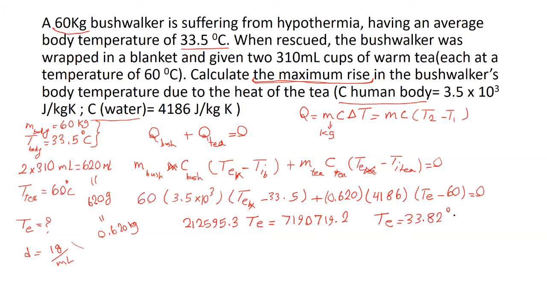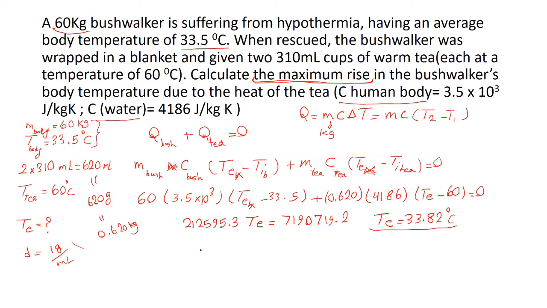As a result, TE equals 33.82 degrees Celsius. But if you look at the question, they haven't asked us to find just TE. They asked to calculate the maximum rise in the bushwalker's body temperature due to the heat of tea. So T equilibrium between tea and body is this one. The initial body temperature of the bushwalker was 33.5.